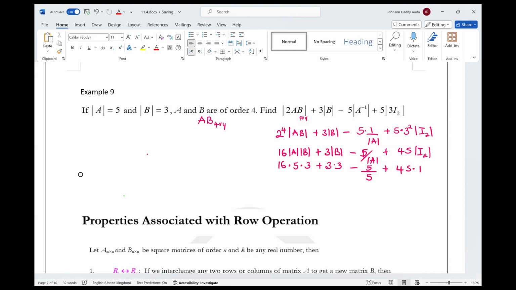So this is what we have. We have 16 times, it's going to be 16 times 15, right? So it's going to be 16 times 15. All of this is about 240, I think, plus 9 minus 1 plus, I think, 45, right?